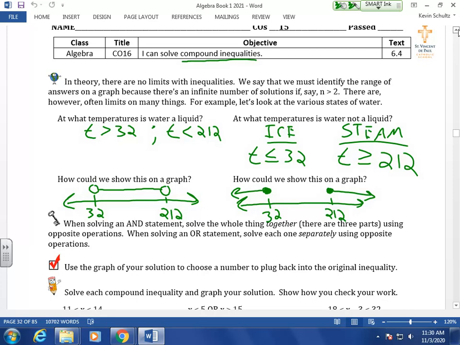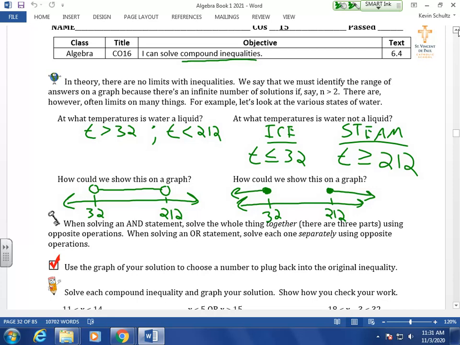No. I mean, the graph on the right has greater than or equal to 32 and everything below, as well as 212 and everything above. The graph on the left has all the other temperatures in between them. What type of compound inequality is this one? An and or an or?